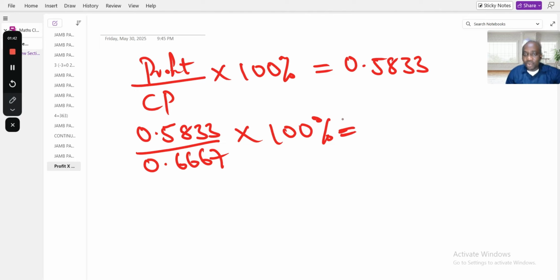Let's use our calculator to give us our final answer. 0.5833 multiplied by 100 gives us 58.33, divided by 0.6667.